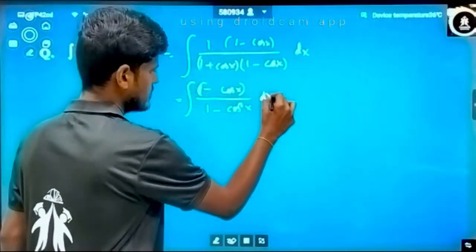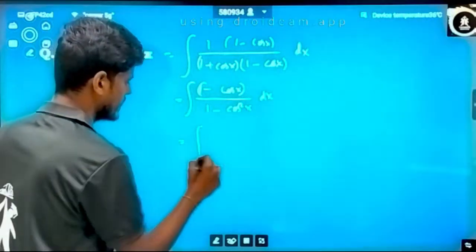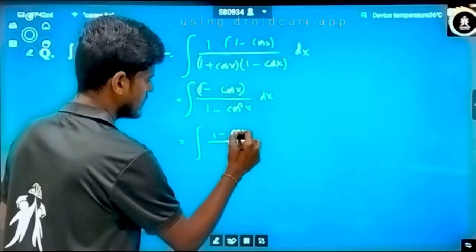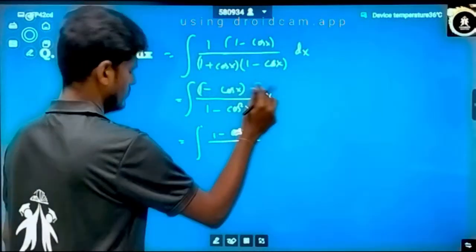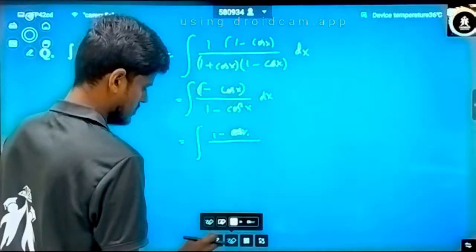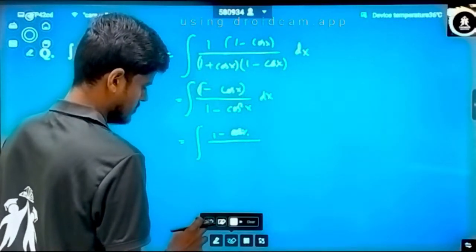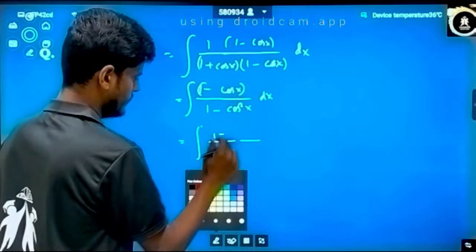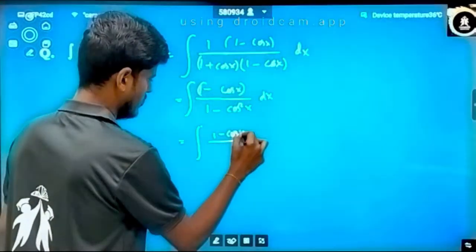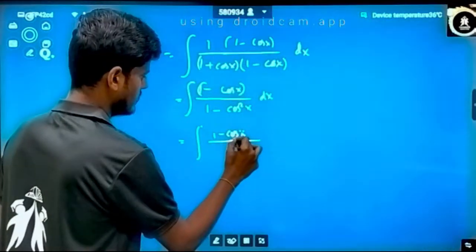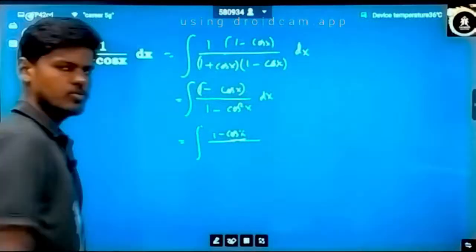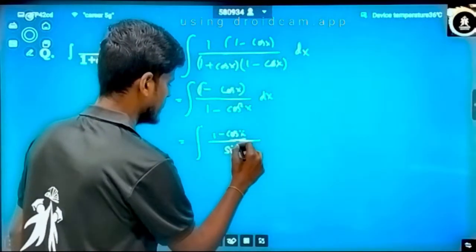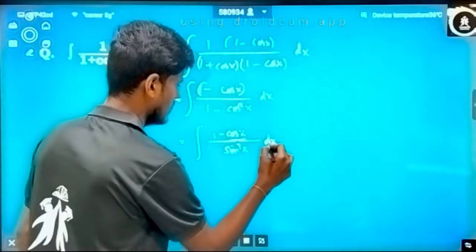This equals the integral of 1 minus cos x divided by 1 minus cos square x, which is sin square x, dx.